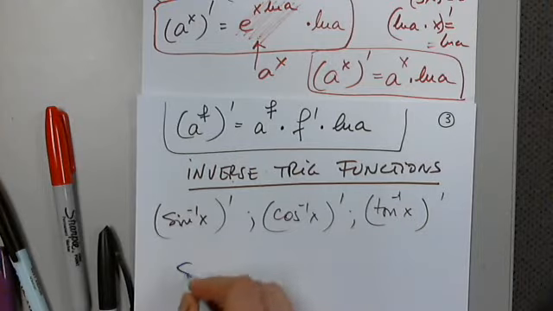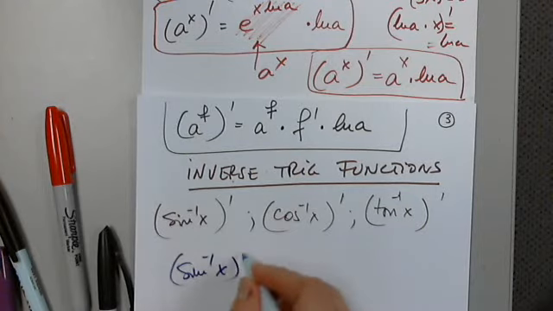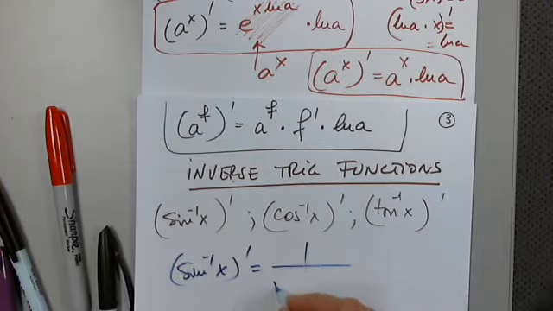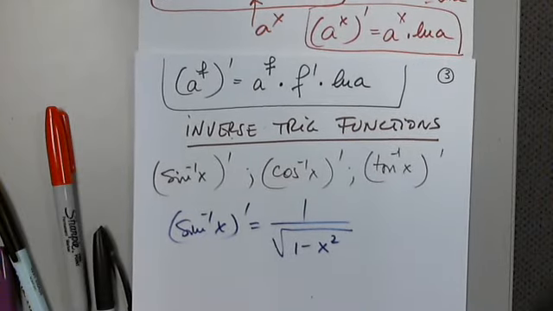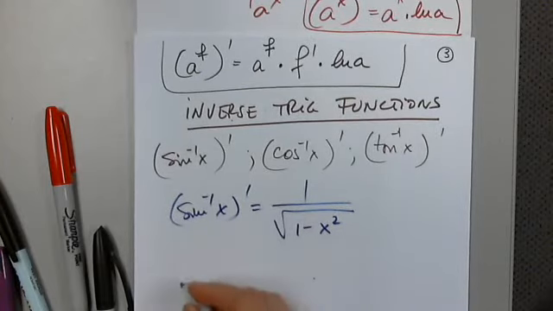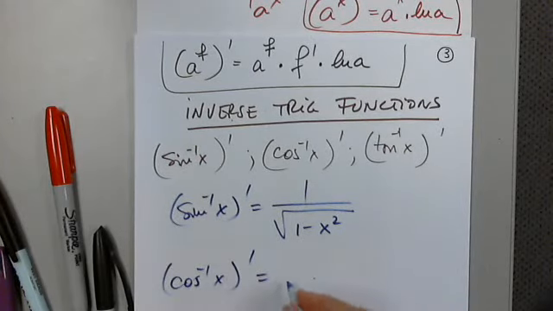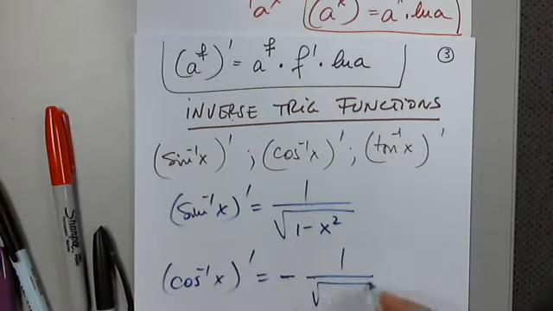Commit to memory. So sine inverse prime is 1 over the square root of 1 minus x squared. The second one, cosine inverse prime, is exactly the same but with minus in front.